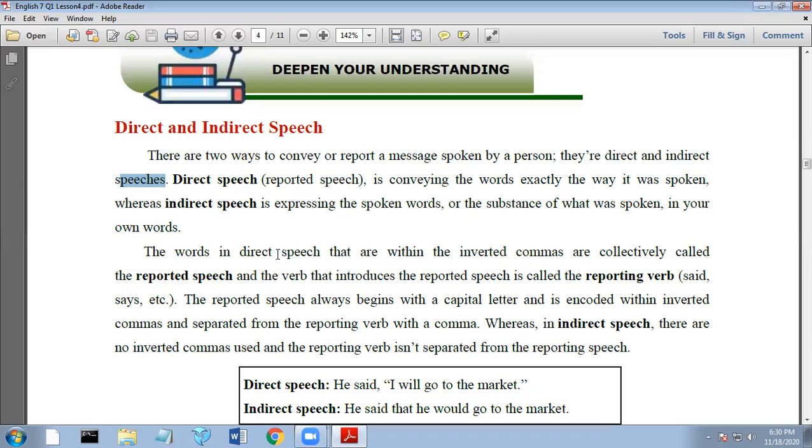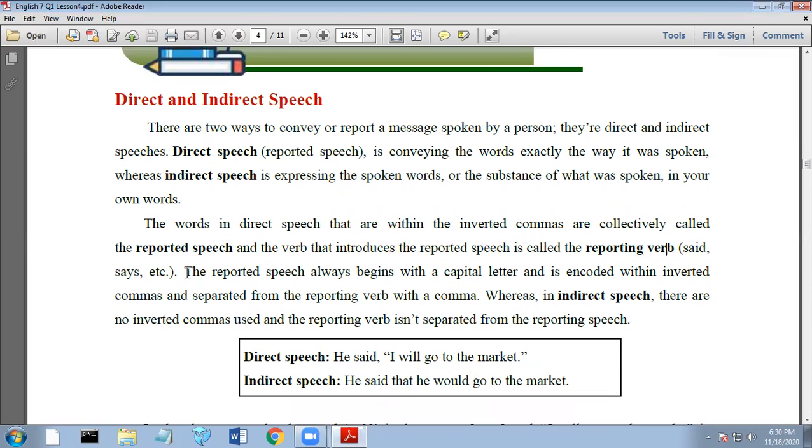The words in the direct speech are within the inverted commas, collectively called the reported speech. And the verb that introduces the reported speech is called the reporting verb, like said or says.